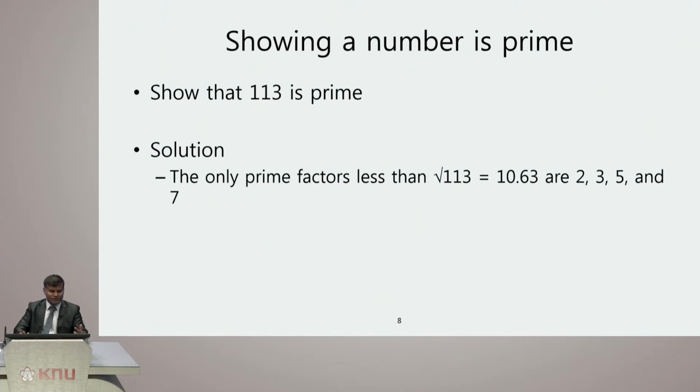Here n is 113. You are taking the root of n, that is the root of 113, which equals 10.63, and now you are trying to see the prime factors that are less than 10.63. We have 2, 3, 5, 7.